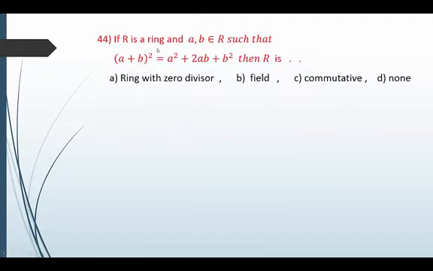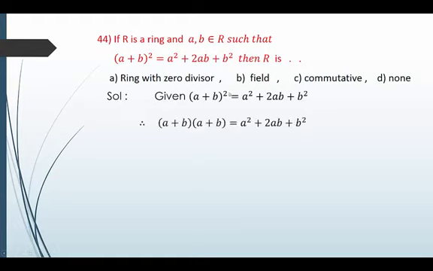If R is a ring and a, b belong to R such that (a plus b) square equals a square plus 2ab plus b square, then R is... Now given (a plus b) square equals a square plus 2ab plus b square. (a plus b) square means (a plus b) into (a plus b), equal to the right hand side as it is.